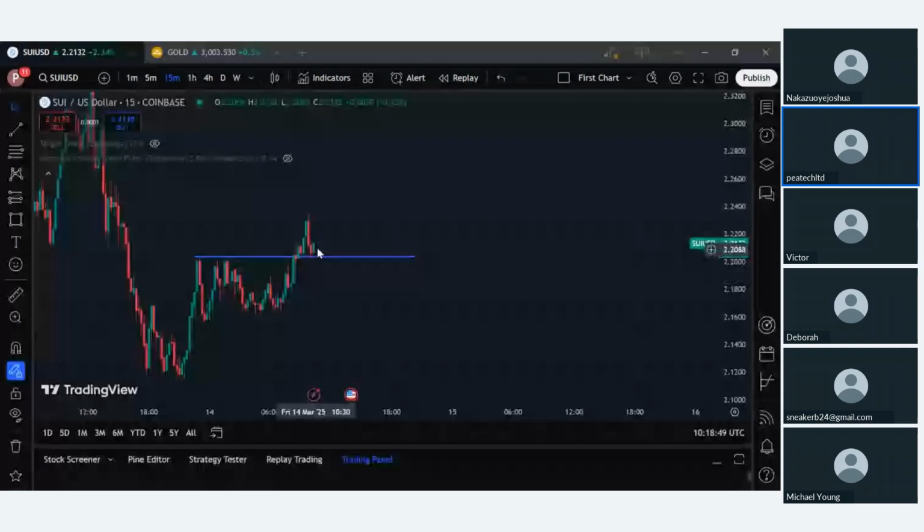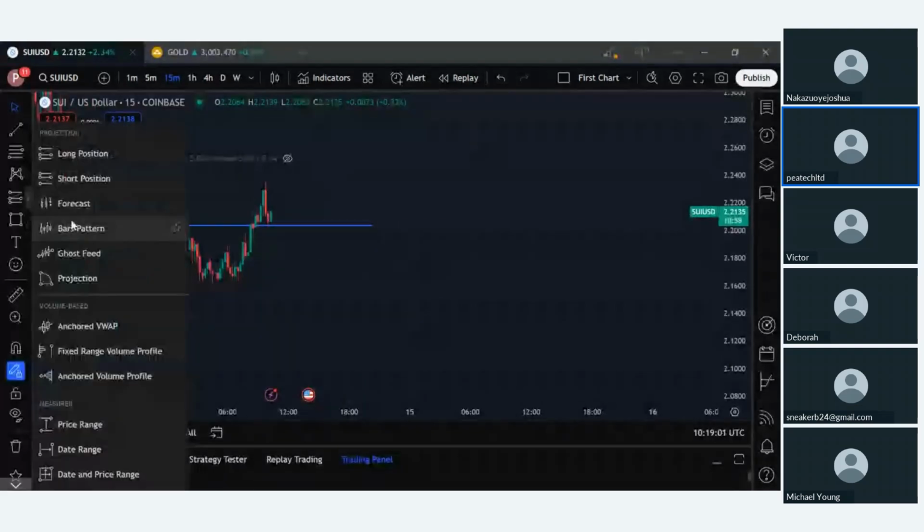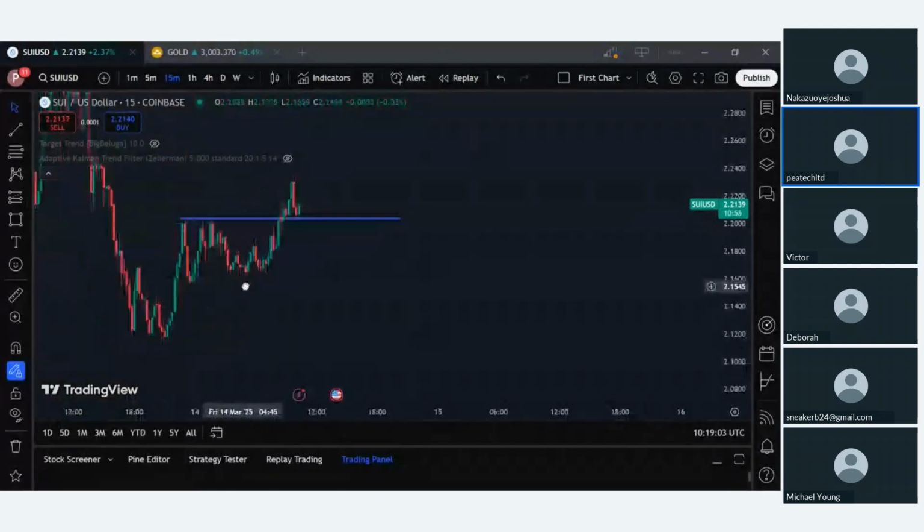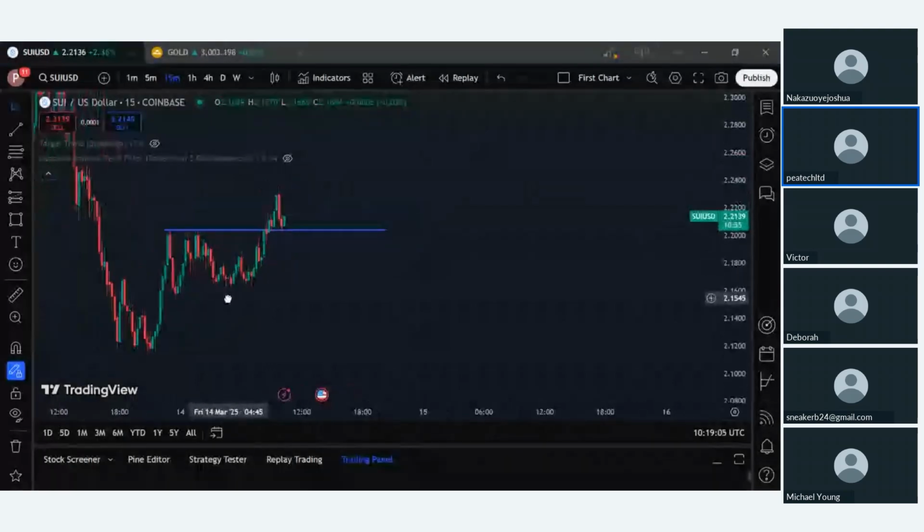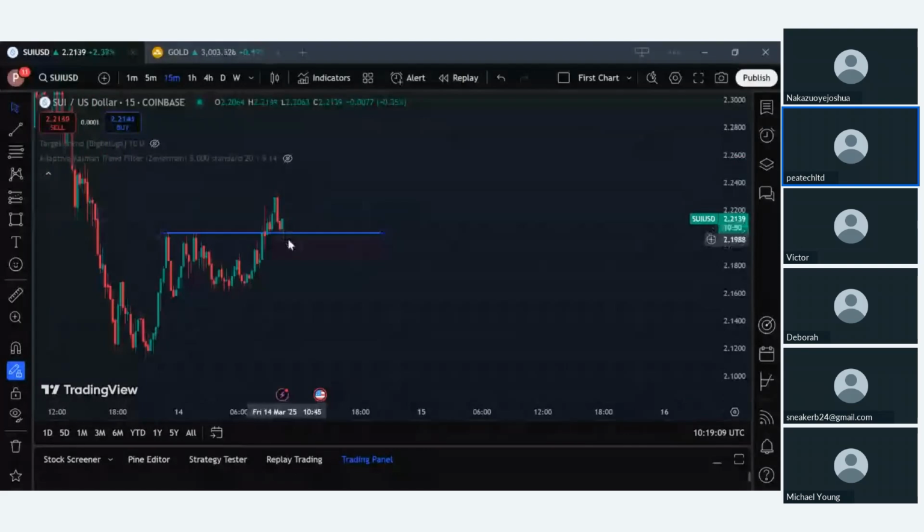If we take it when the green candle closes, I'm going to tell you where to put your stop loss and your take profit. But for now, we have to be patient. Let's wait for this green candle to close. Is that okay?